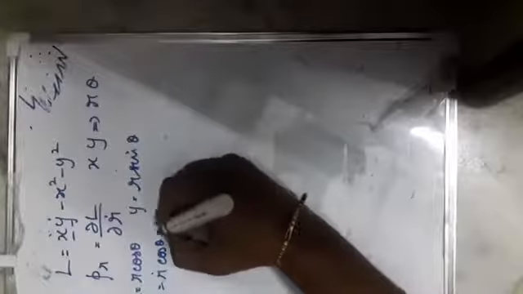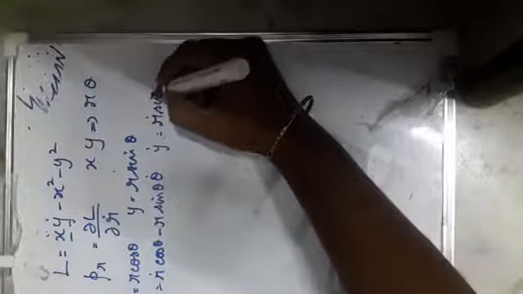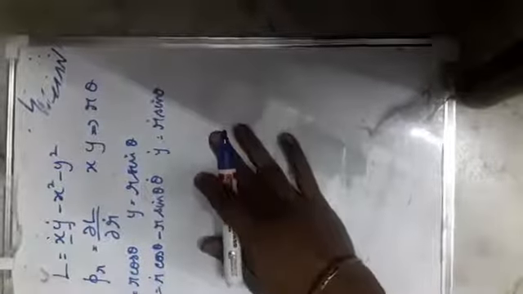We have x dot and y dot in L. So x dot equal to r dot cos theta, keeping theta constant and differentiating r, and keeping r constant and differentiating theta, so we get here minus r sin theta theta dot. Similarly, y dot equal to r dot sin theta plus r cos theta theta dot.